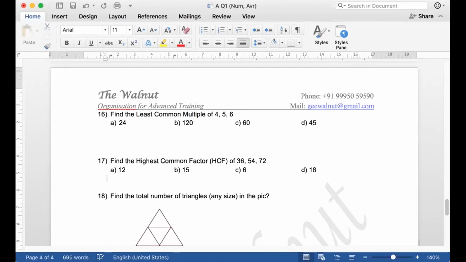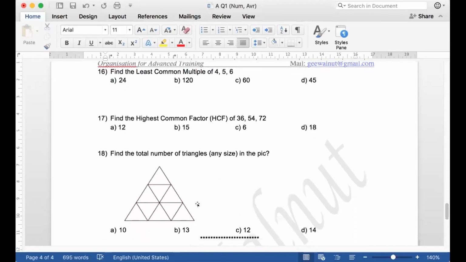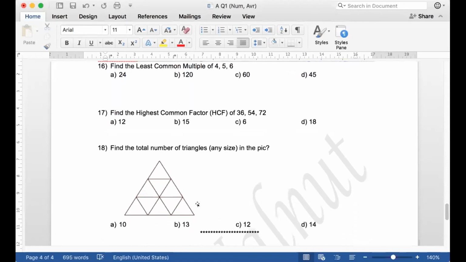Now, next one. Find the total number of triangles of any size in the picture. You can take a triangle of any size, but what we need is the total number of triangles.